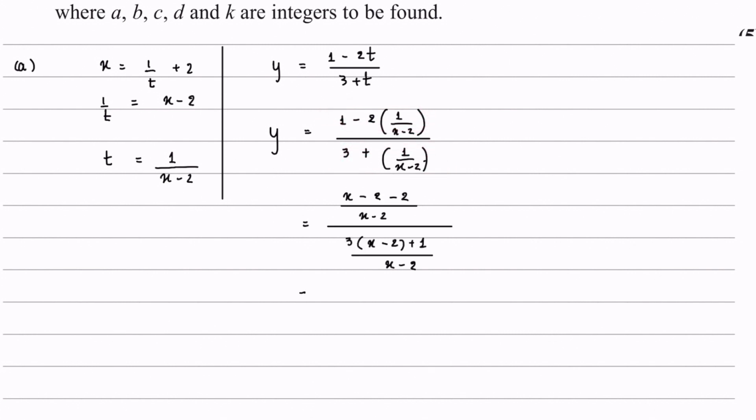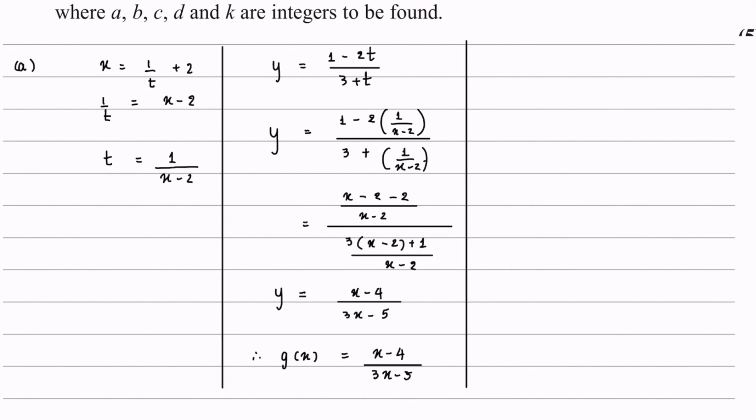And then we can simplify it to be x minus 4 over 3x minus 6 plus 1, which is minus 5. So that means g(x) is x minus 4 divided by 3x minus 5.